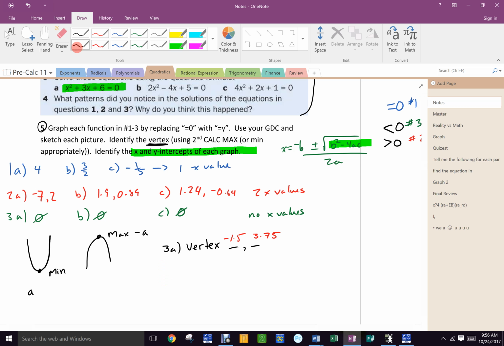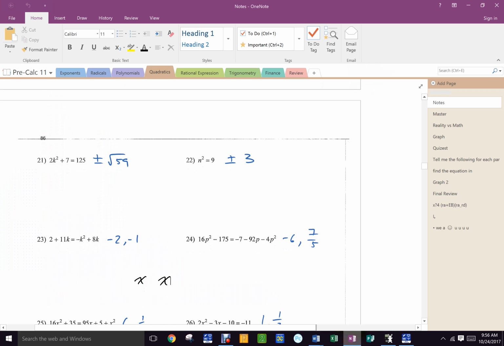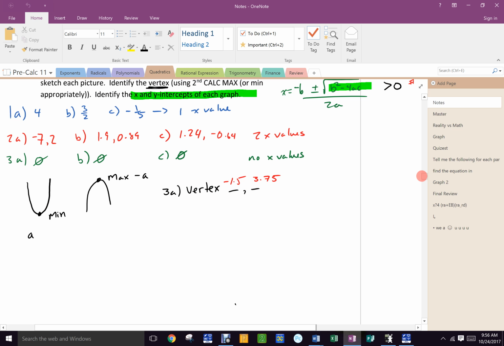We are going to do the X and Y intercepts for 1C, 2C, and 3C.